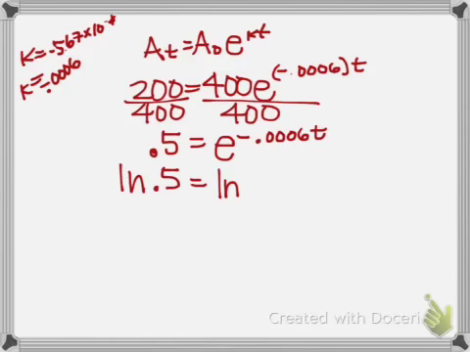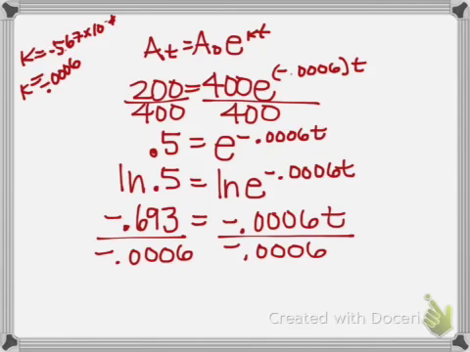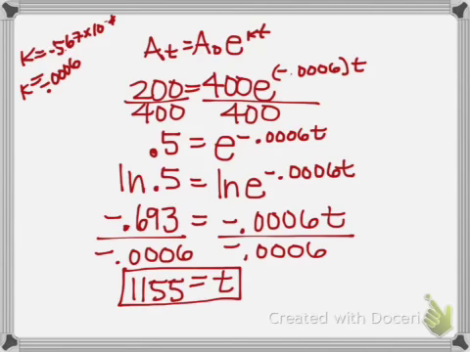Take the natural log of both sides, and you get negative 0.693 equals negative 0.0006t. Divide both sides by negative 0.0006, and we get t is equal to 1,155. We sketch a graph, and our graph starts at 400, and it is a decay problem.